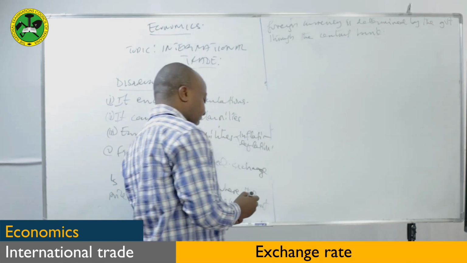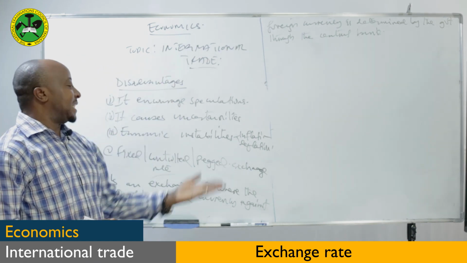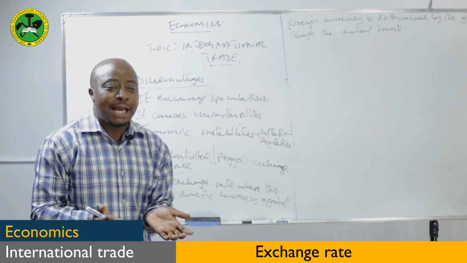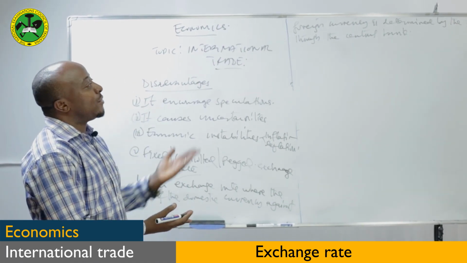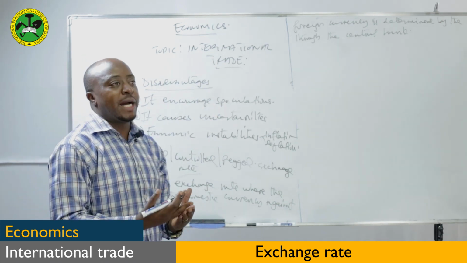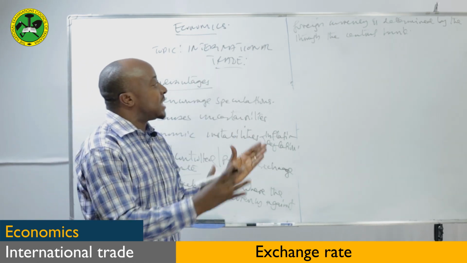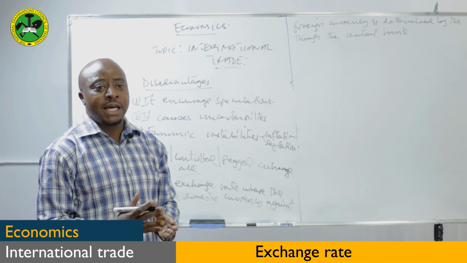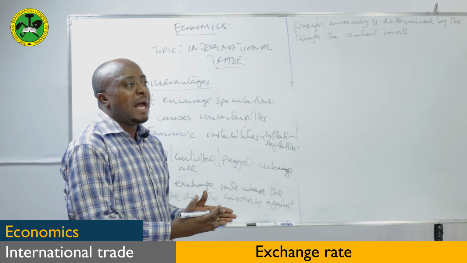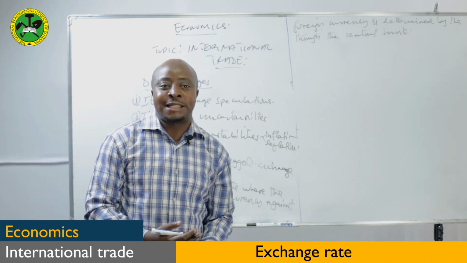So that is the controlled or fixed exchange rate. In this system, the exchange rate is determined by the government through the central bank of that country. Each country has a central bank, which is the controller, and it has authority over all monetary issues. So in this system, the exchange rate is determined by the government under the central bank of that given state or country.